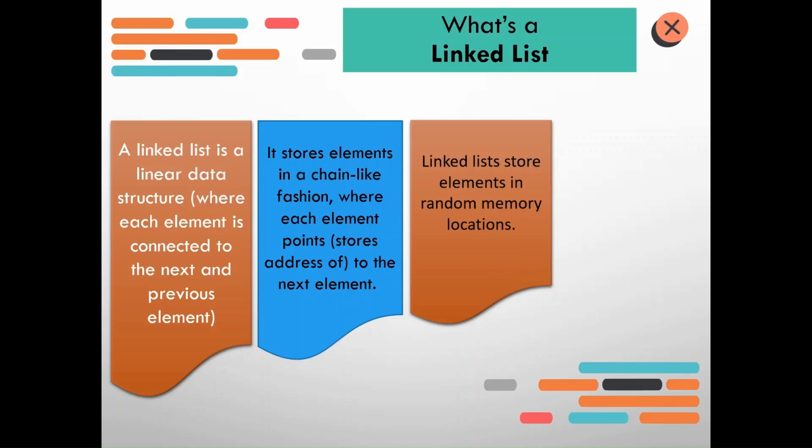Next element at 104, next element at 106, and so on. Here I am supposing that each element takes 2 bytes, right? So in case of a linked list, the elements are stored in random memory locations that need not be contiguous. So we'll be further explaining things in the coming slides.